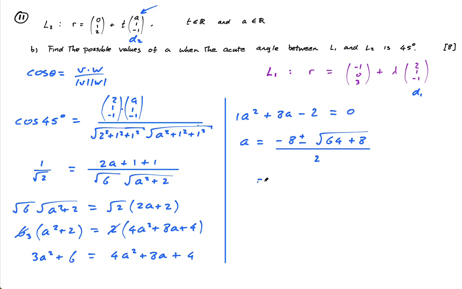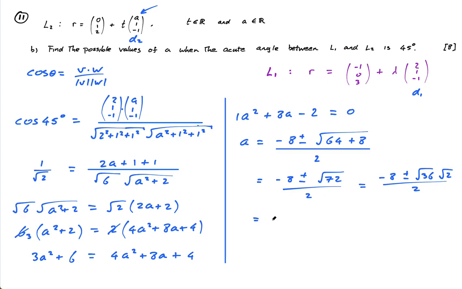Okay, nearly done. This is minus 8 plus or minus the square root of 72, over 2. The square root of 72 is actually root 36 times root 2, because 36 times 2 is 72.